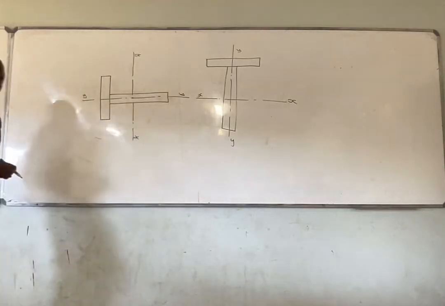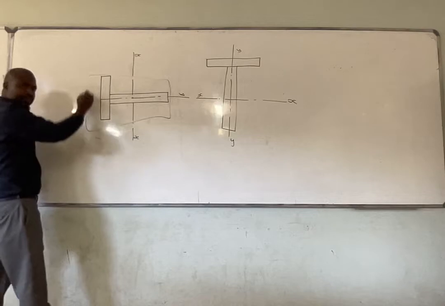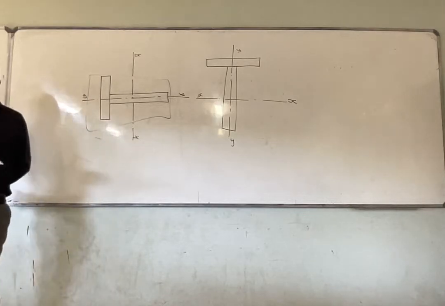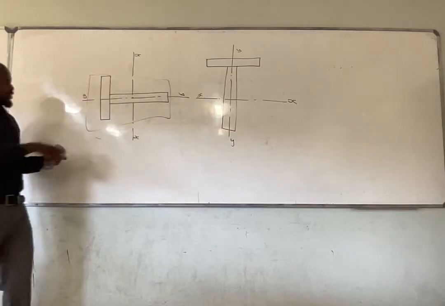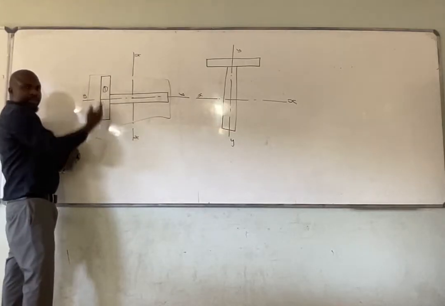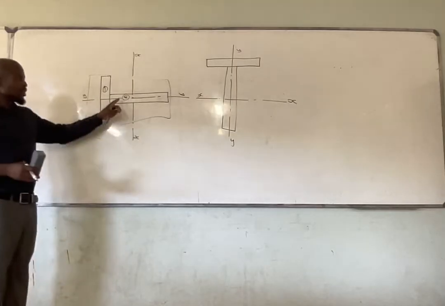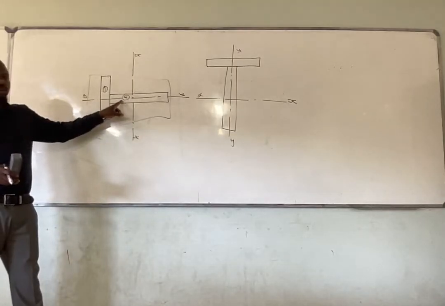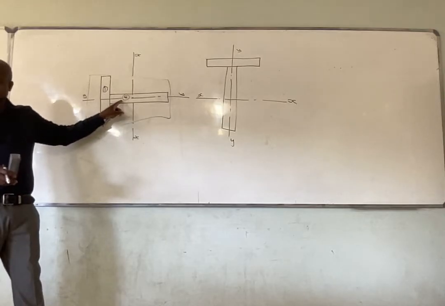Are we together on that one? So this is a beam. Do not come and say that because area 1 is vertical and area 2 is horizontal, you will only rotate area 2.